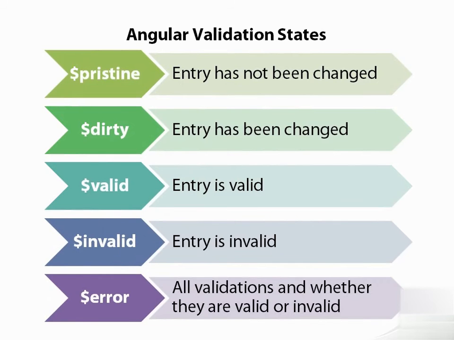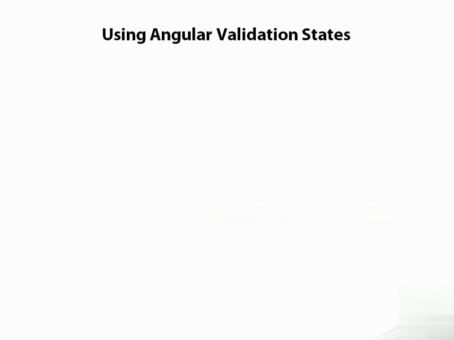It is basically a set of key-value pairs, where the key is the name of the validation rule applied to the element, and the value is a Boolean. That Boolean is false if the validation rule is broken. We'll use $error later in this module. In order to use these Angular validation states in the form, there are some prerequisites.